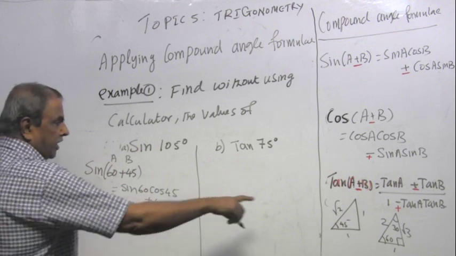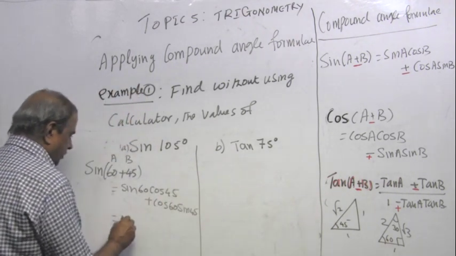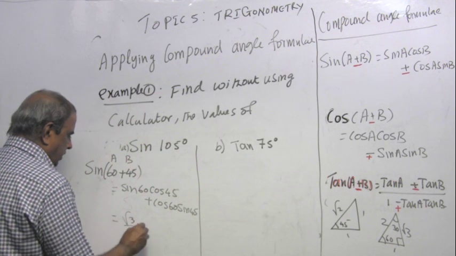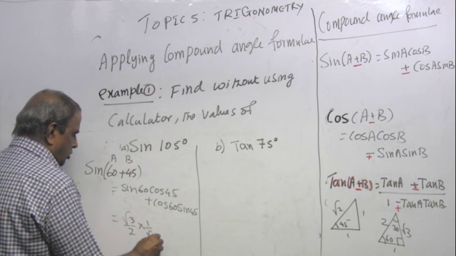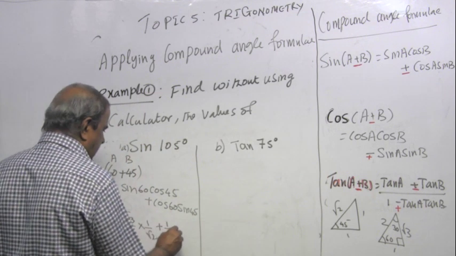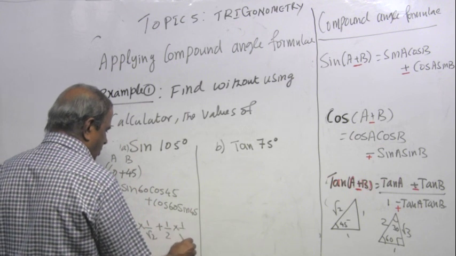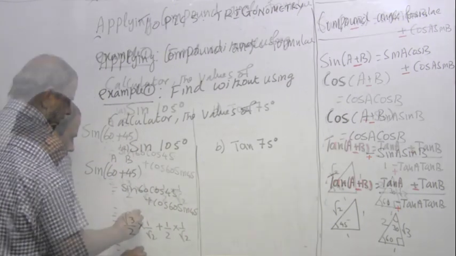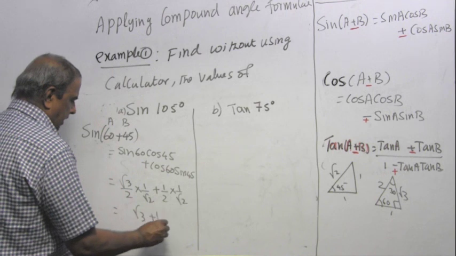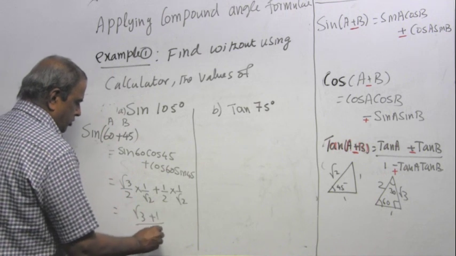Sine 60 is opposite over hypotenuse, root 3 over 2, times 1 over root 2, plus half times 1 over root 2. So it is root 3 plus 1 over 2 root 2.